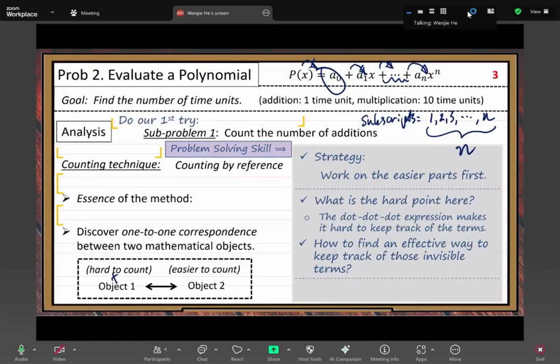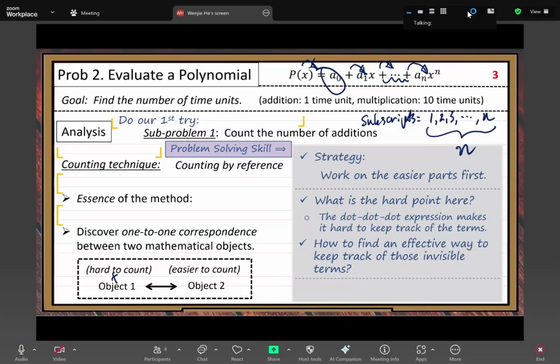So there is no one-to-one correspondence, no such mapping. That's why we exclude it. So that's the counting by reference method. Very effective. Later, in many other places, we need to use this counting method.